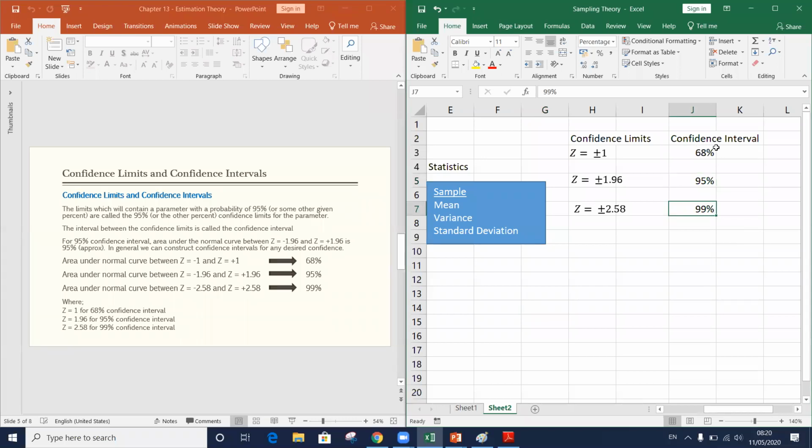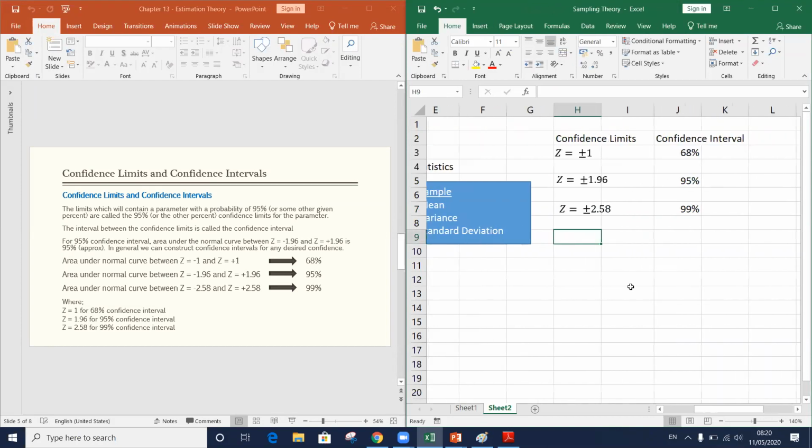Confidence interval is 99%. The exam will tell you whether the confidence interval is 68%, 95% or 99%, and after that you should know the relevant z values. So when the confidence value is 99%, we need to know that the z value lies in this range.